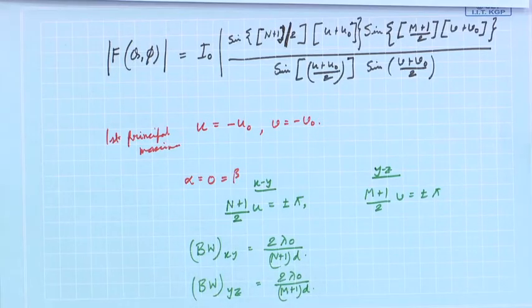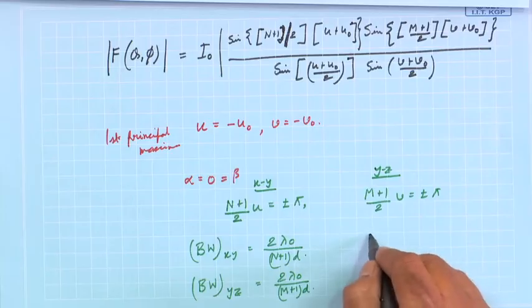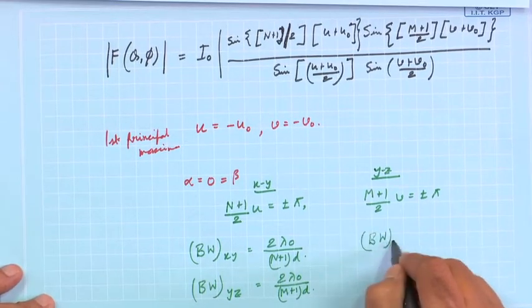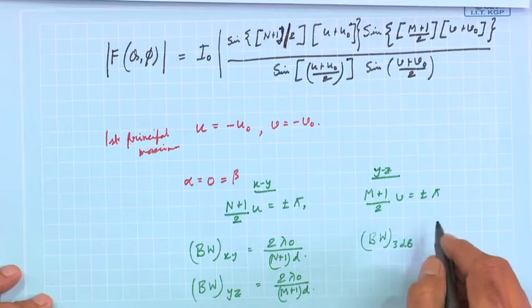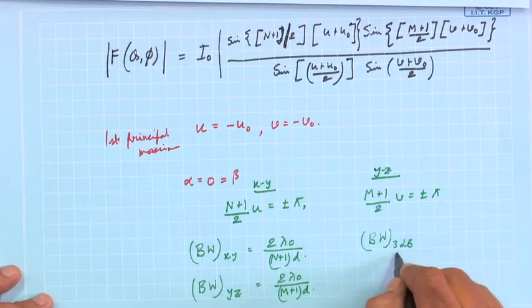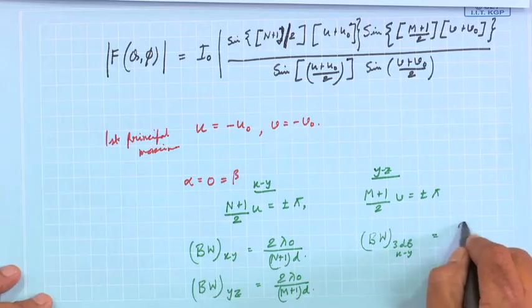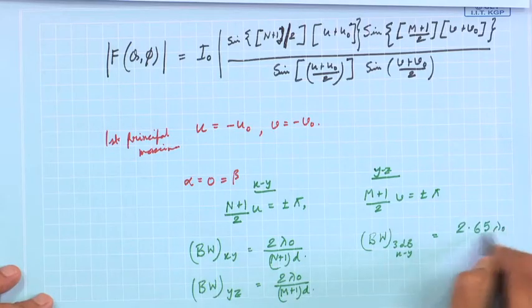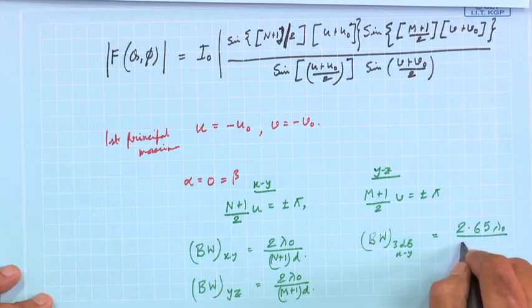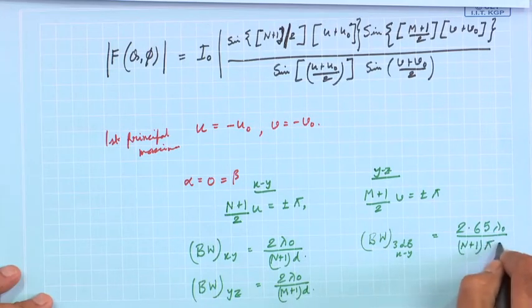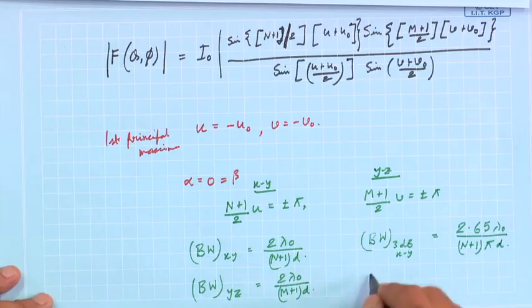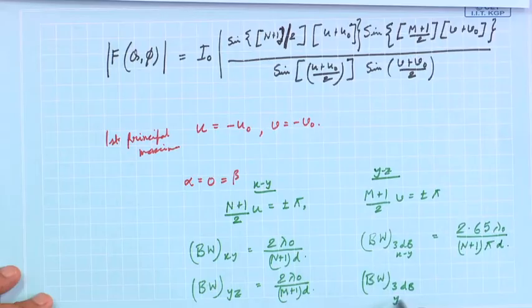In a similar way, the half power beam width can be shown to be, the 3 dB beam width in the x y plane, that will be 2.65 lambda naught by (n plus 1) pi d, and the 3 dB beam width in the y z plane will be 2.65 lambda naught by (m plus 1) pi d.